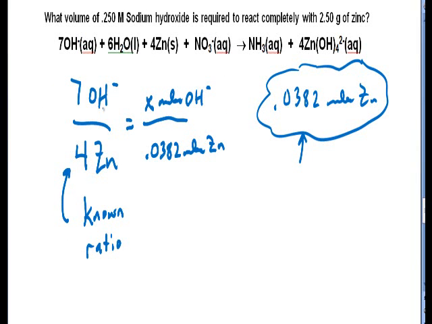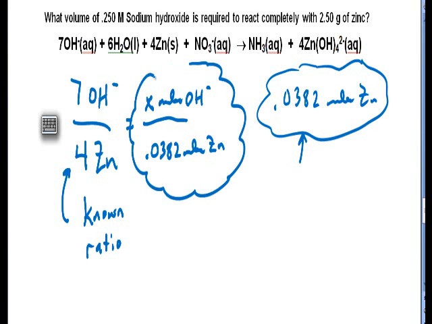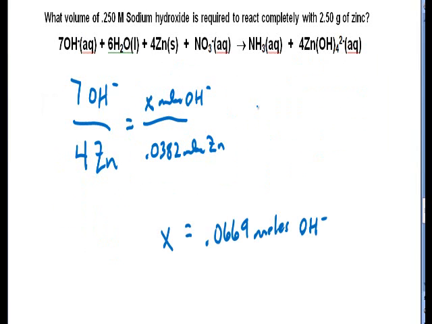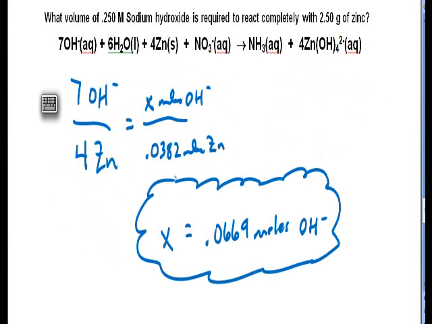Using the known ratio of 7 OH- to 4 zincs, we can solve for X OH- that will react with 0.0382 moles of zinc. Solving for X gives us 0.0669 moles of hydroxide, which is how many moles of hydroxide we'd need to completely react with the 0.0382 moles of zinc that are present in our 2.50 gram sample of zinc.